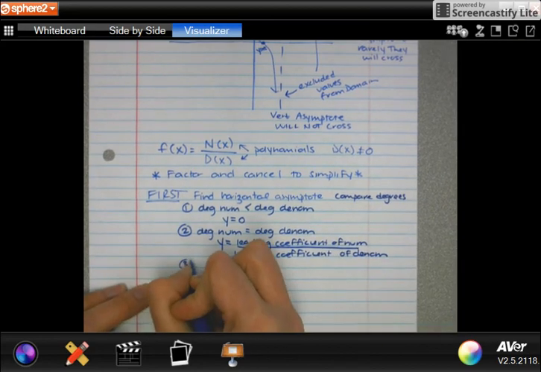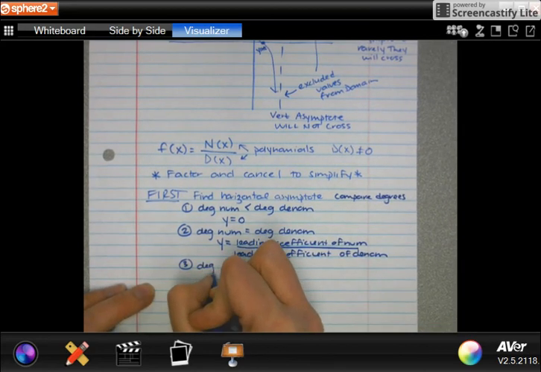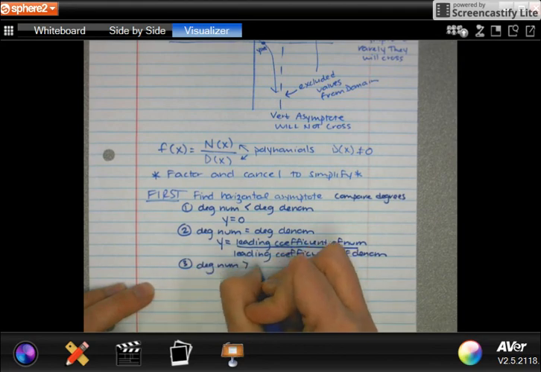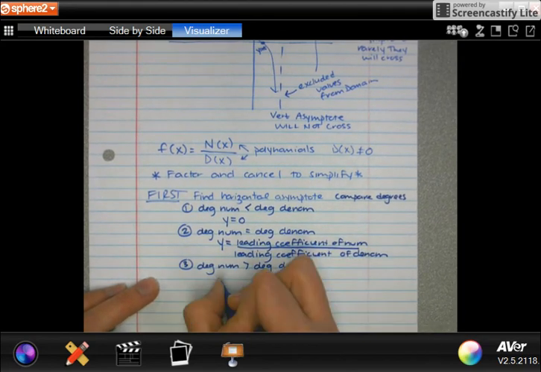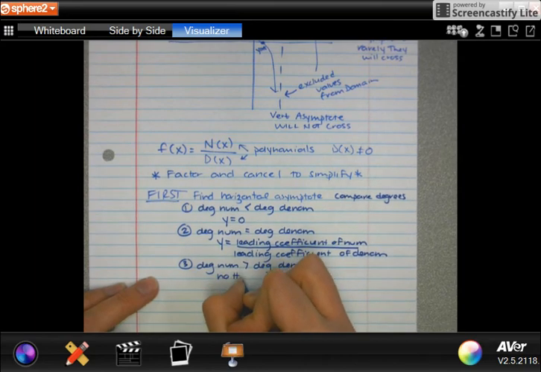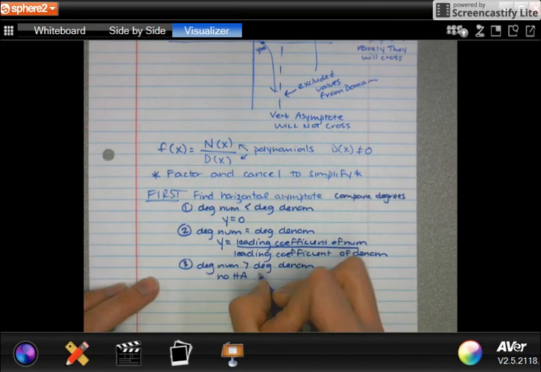And then the very last case is if the degree of the numerator is greater than the degree of the denominator. And in this case, we're going to have no horizontal asymptote. Instead, we'll have a slant asymptote that we'll talk about later.